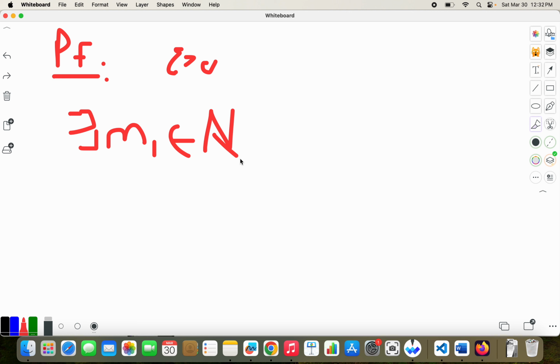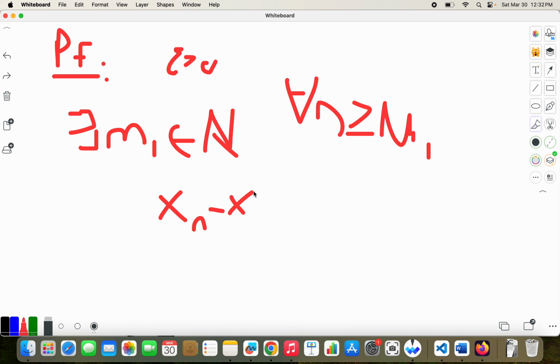So there exists an m1 in the natural numbers such that for all n greater than m1, this is like the style of the proofs. For m1, the absolute value of x_n minus x is less than epsilon divided by 2.